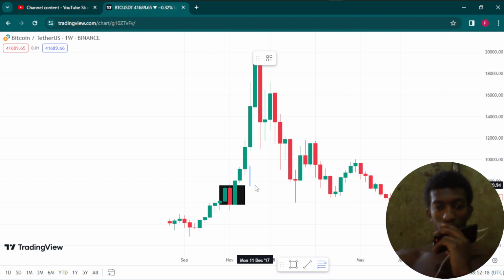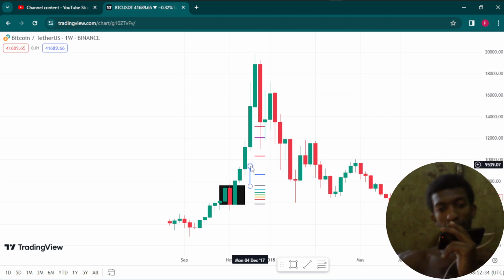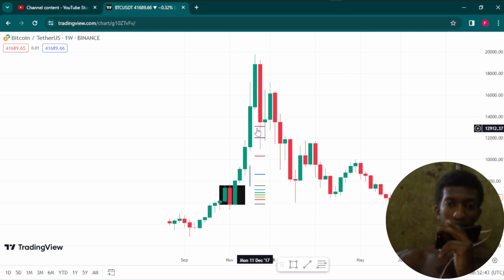Don't get me wrong, this is a huge point, okay? This is a weekly time frame, so it has a huge point. As you can see, as always, Fibonacci tells you the halfway to get out at the halfway, but the height of the consolidation tells you the exact. Okay? So you will get 70% off, and you let the other 30% run to TP3. As you can see, the market never looked back.